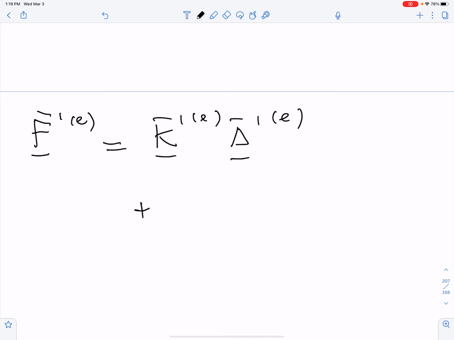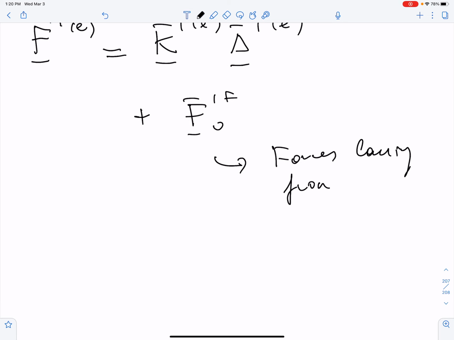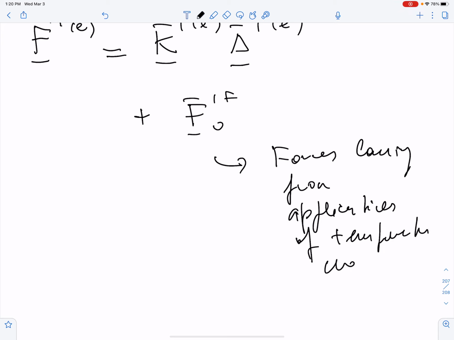And to that we add F prime F0. In this case, there'll be forces coming from thermal expansion or from application of temperature change.